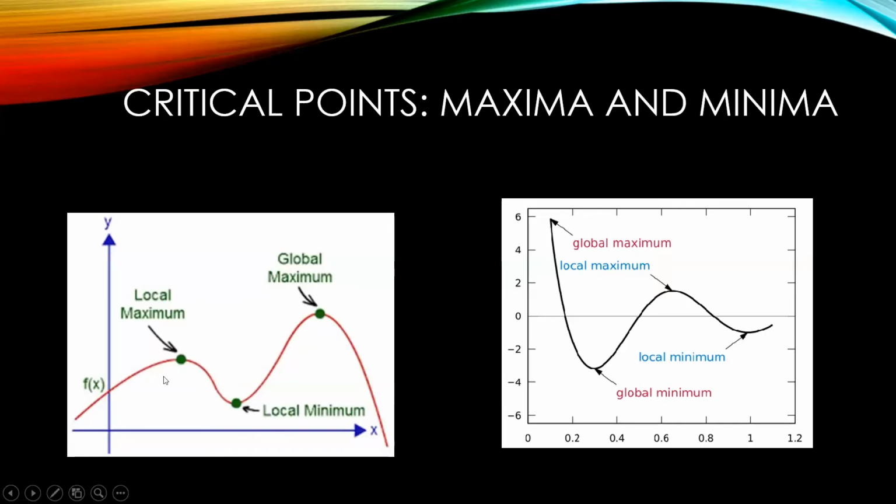When you look at these two maxima, the right side is much greater in terms of y compared to the left side. So this is the global maximum, whereas the left side is a local maximum. Since you only have one minimum here, you can just say that could be the local minimum.